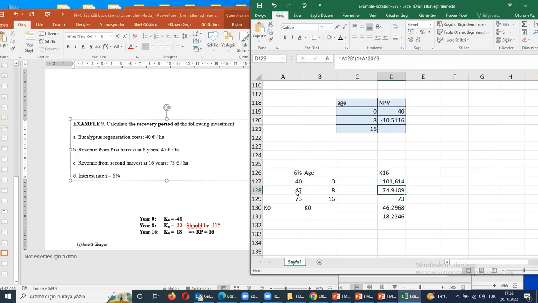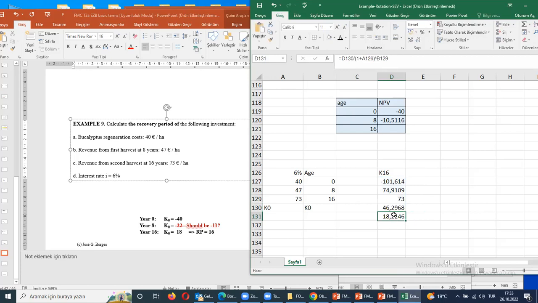Future value of 47 euro, that comes from the revenue from 8 years. And the future value of 73. If we sum up the revenue and subtract the cost from the revenue, it becomes 46.